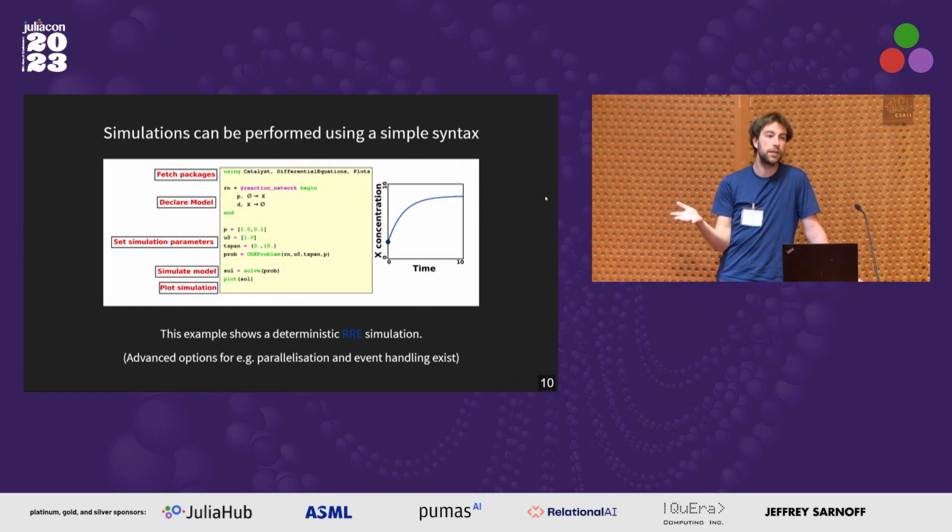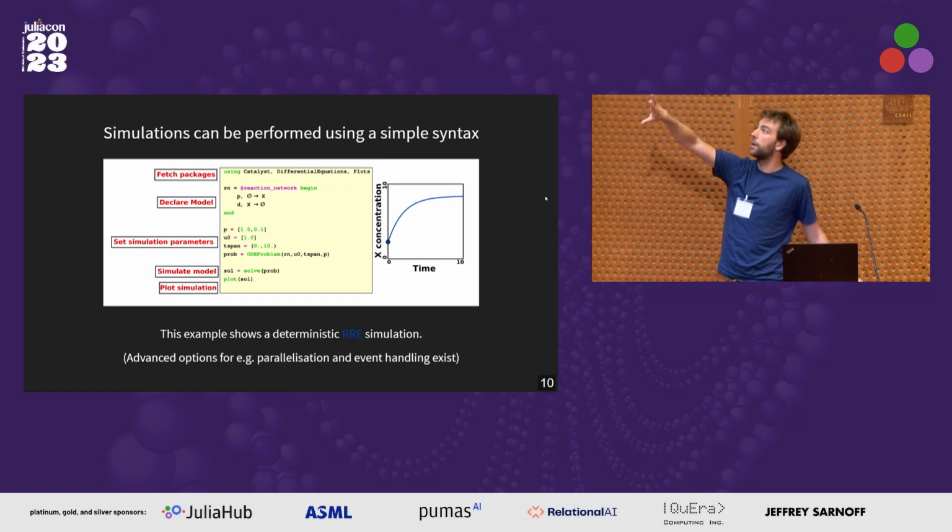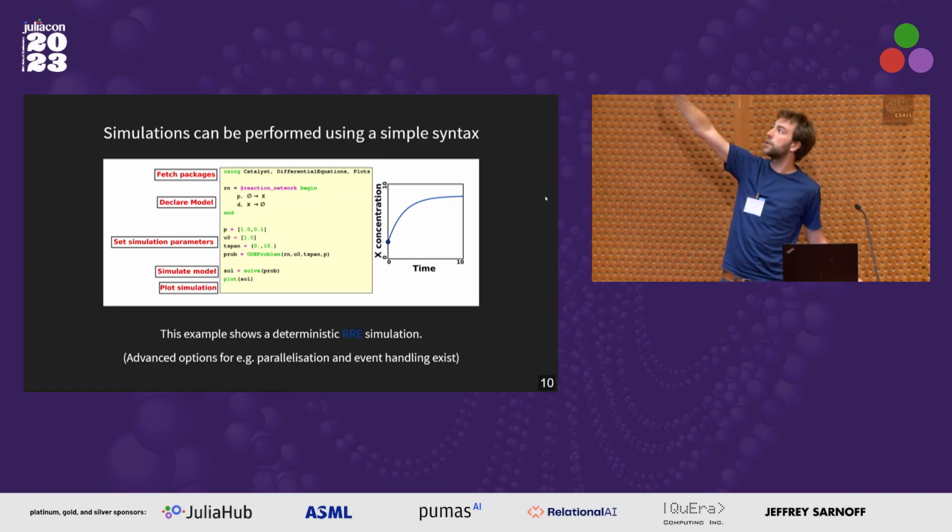And what is nice is that Catalyst integrates very nicely in normal Julia code. So for example here, this is a simple workflow. We fetch the required packages: Catalyst, the modeling package, DifferentialEquations for simulation, and a plotting package. Then we create a model using this macro. And that's, I should point out, @reaction_network, that's a macro, which has to do with metaprogramming.